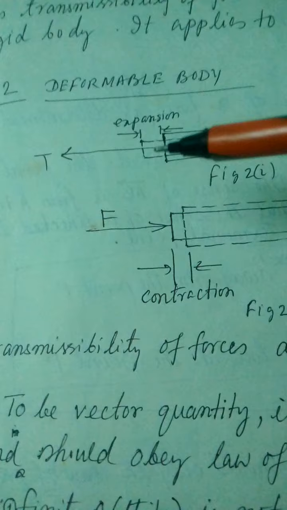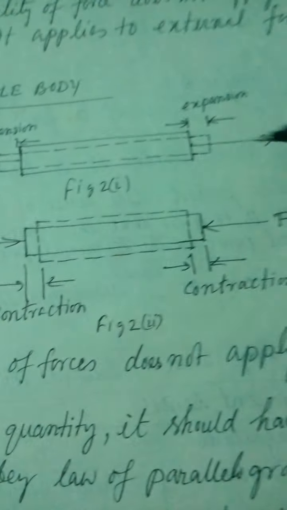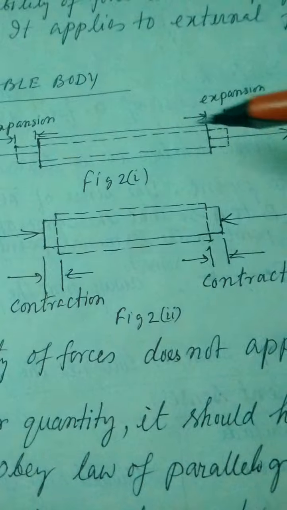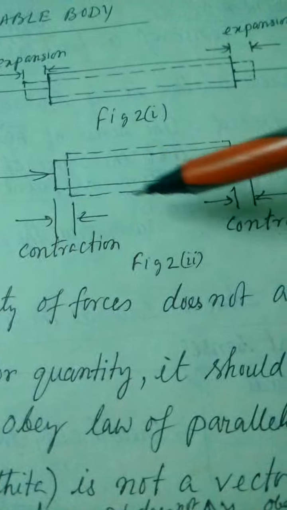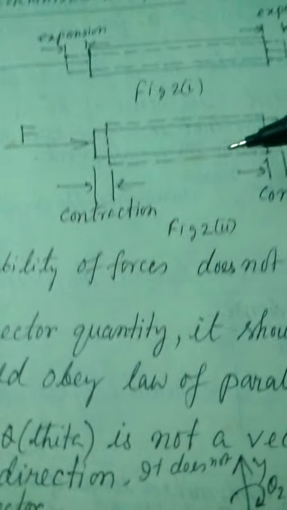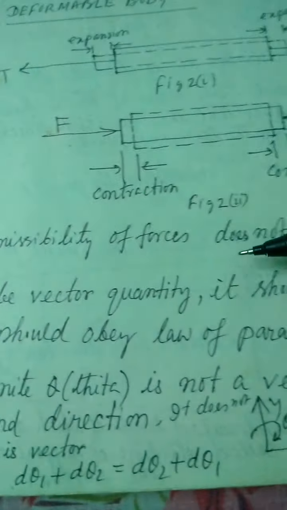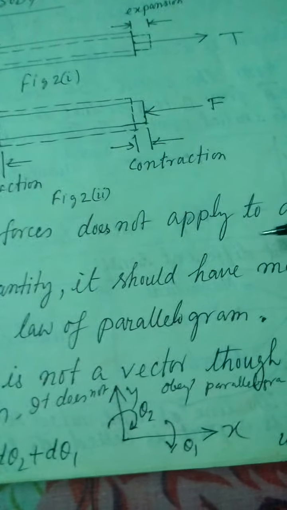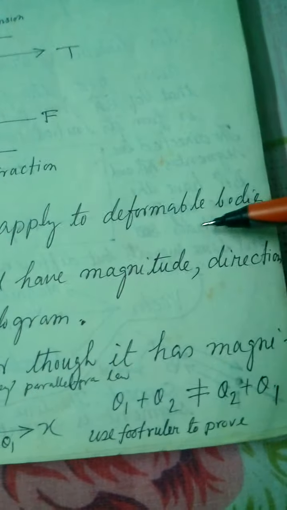Now for a deformable body: this is in tension, so there will be some extension of the body, and this is in compression, so some contraction will be there. So when we consider a deformable body, what is happening? Transmissibility of forces does not apply to deformable bodies. Okay, this is all about it.